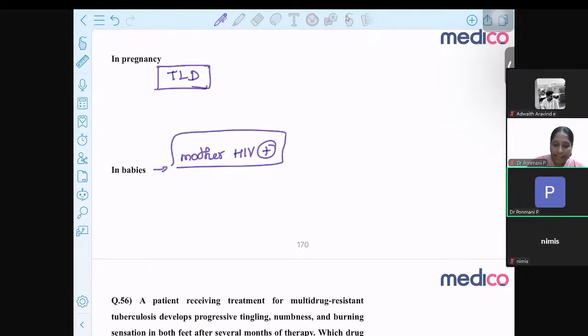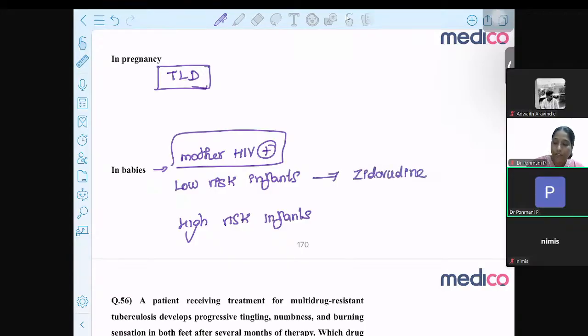So, we divide these babies into low-risk infants and high-risk infants. For low-risk infants, the regimen is either zidovudine or nevirapine syrup for 6 weeks. So, either one you can choose.